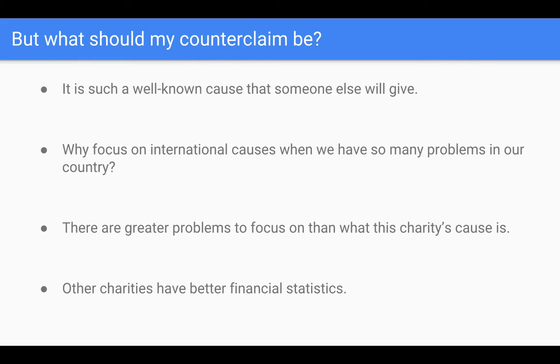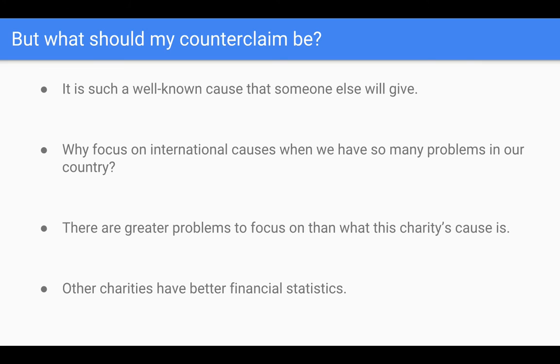The last one talks about financial statistics. If your charity doesn't have the number one best finances ever, you can acknowledge that. You can say, while some people might not be inclined to give to a charity who only spends 75% of its money on its actual organization, the reality is that 20% is going to fundraising.